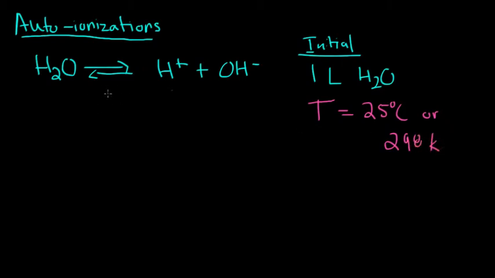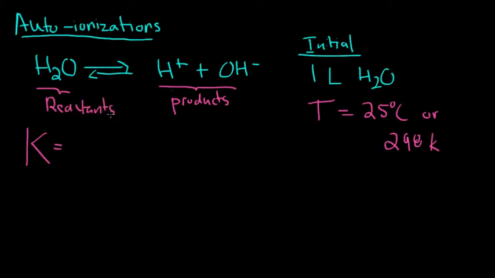Once I measure the amount of ions that I'm making for 1 liter of water, I'm going to set a constant. In that constant, I'm going to make a ratio of the amount of ions that I'm making, which is the products, compared to the amount of water that I have, which is the reactants, or in this case also 1 liter of reactants.